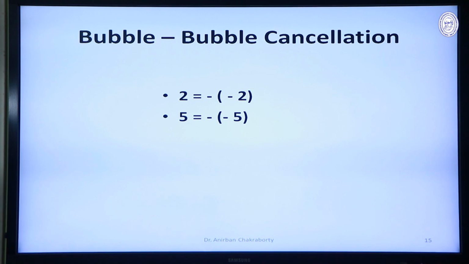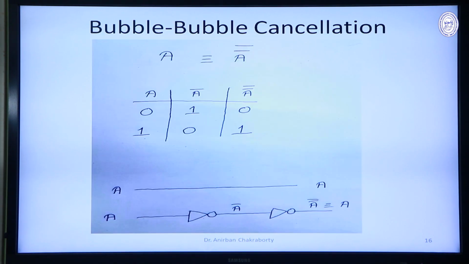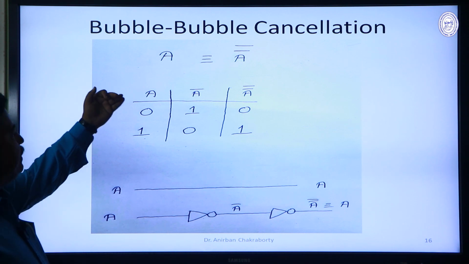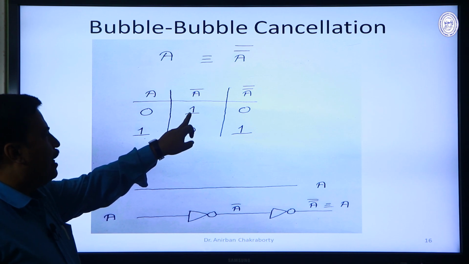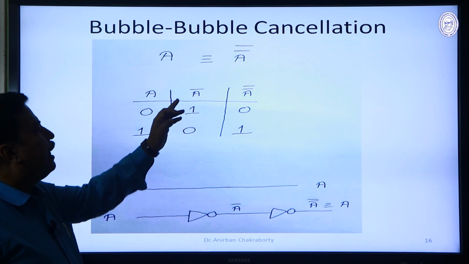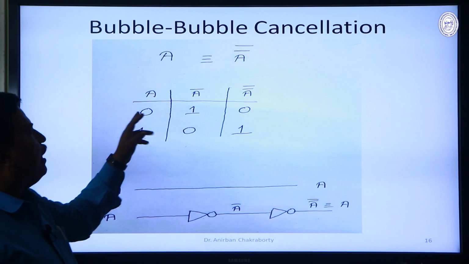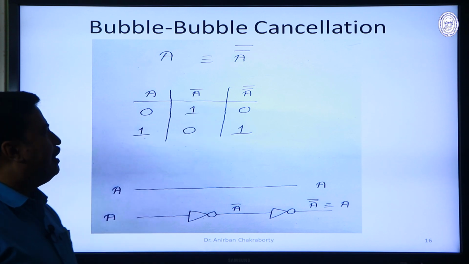Similarly, according to the property of the NOT gate, if 0 is supplied and applied to one NOT gate, then I will obtain 1. Again, with one more NOT gate, I will return back 0.